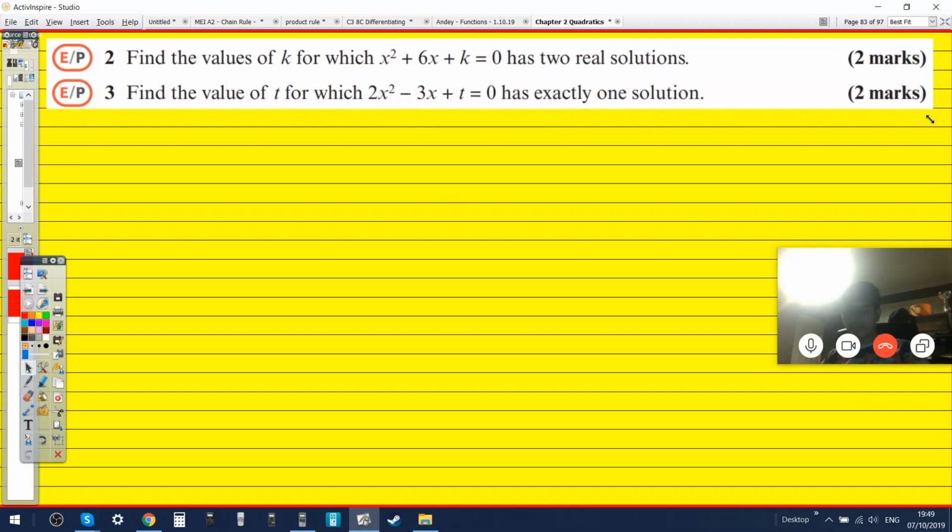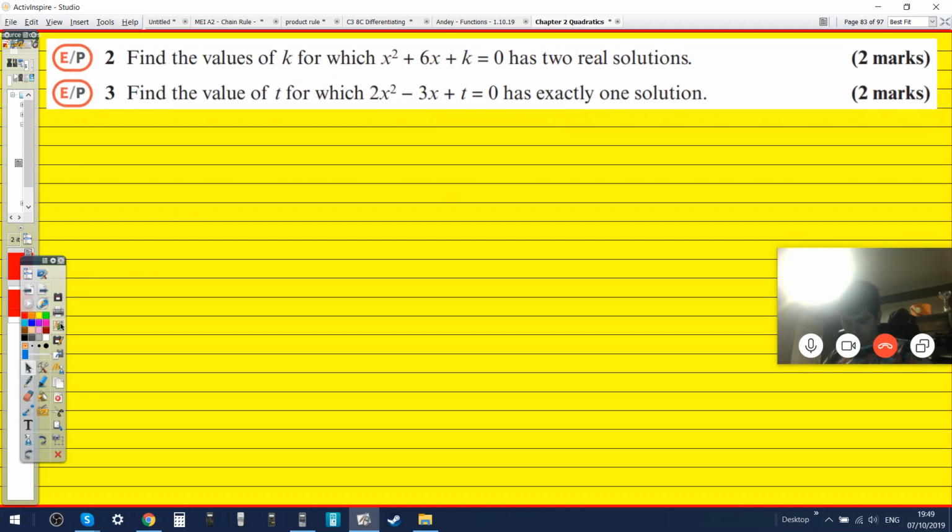So I need to do b squared minus 4ac greater than 0. Mm-hmm.